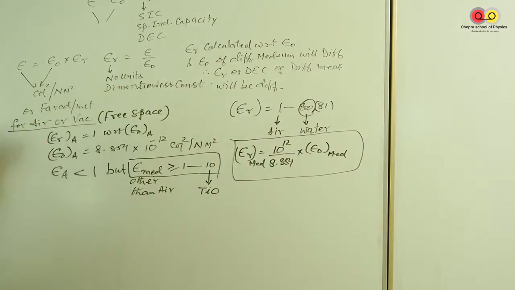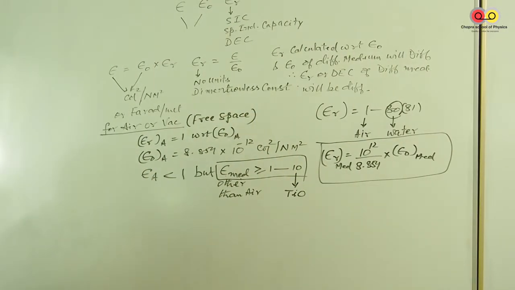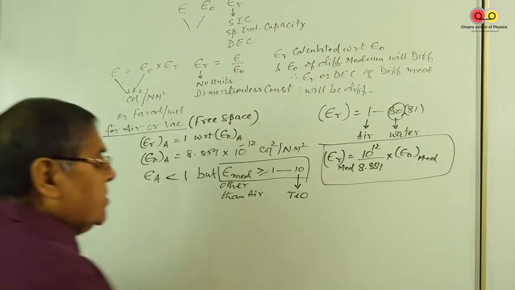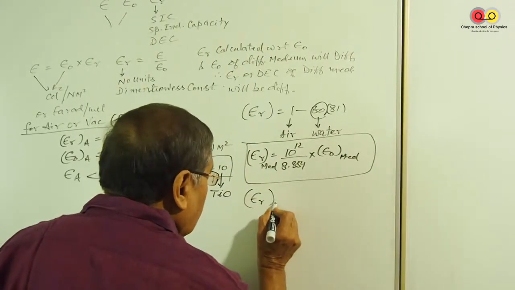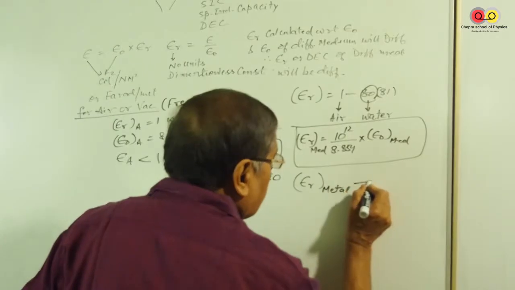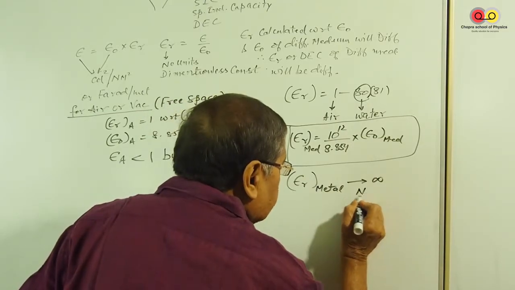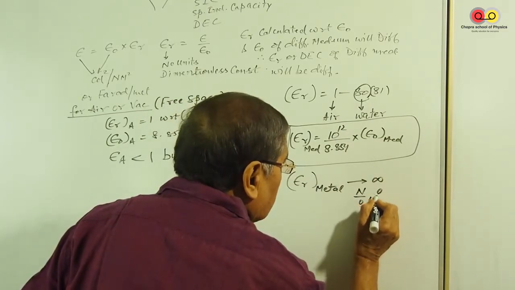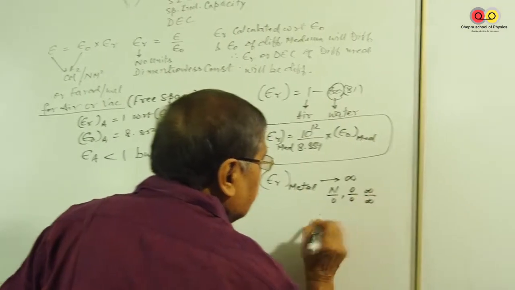We have talked much about the permittivities, their mathematical formulas, their range, and dielectric for metal, that is almost infinity, that is number by 0, 0 by 0, infinity by infinity.